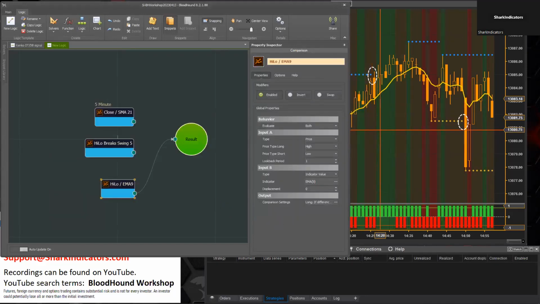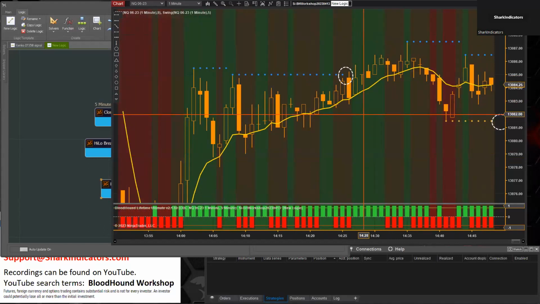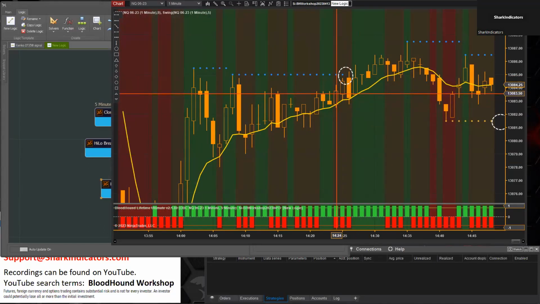What we're looking for are the bars that have a long and a short output at the same time. We can see here we have 3 bars that are all touching that 9 EMA, and we can see that because we have a long and a short output at the same time.